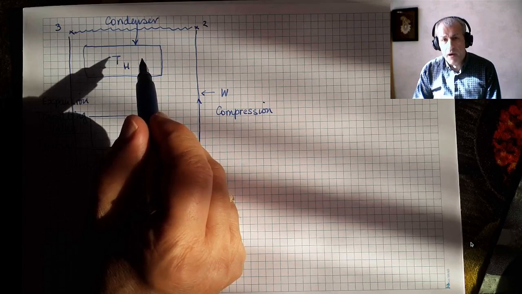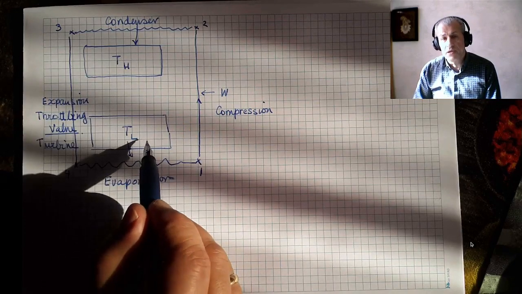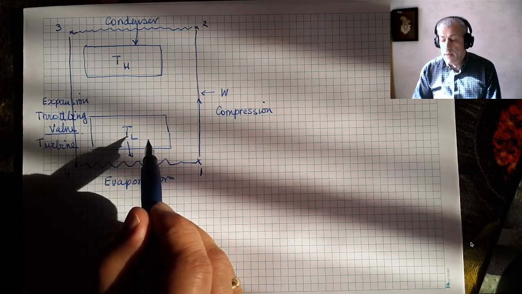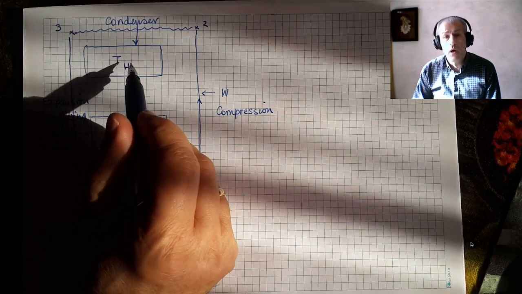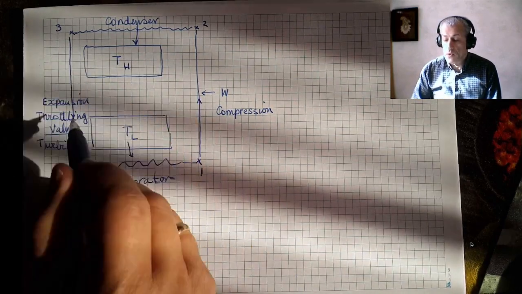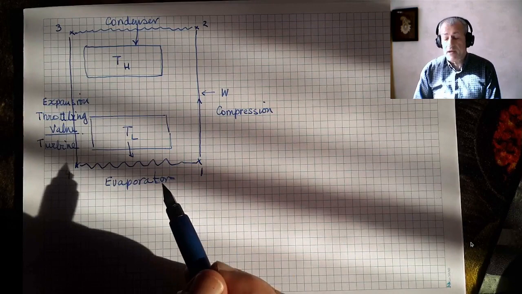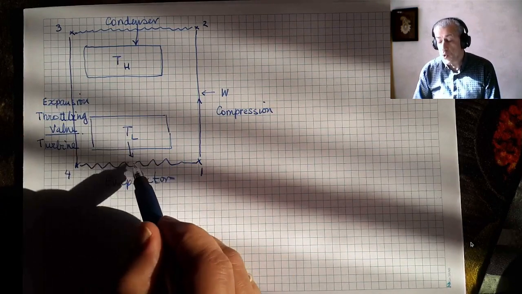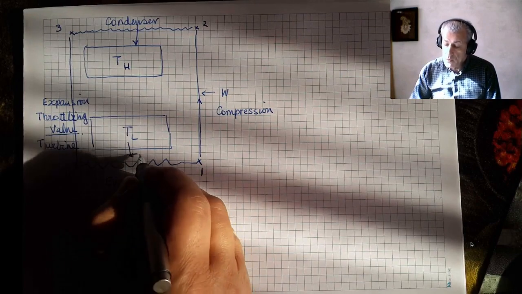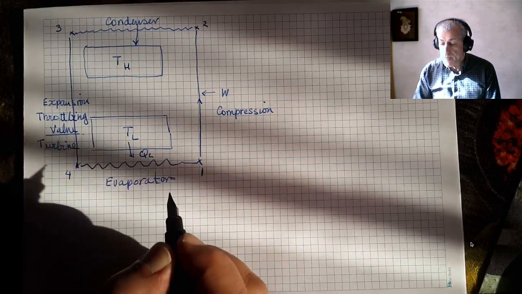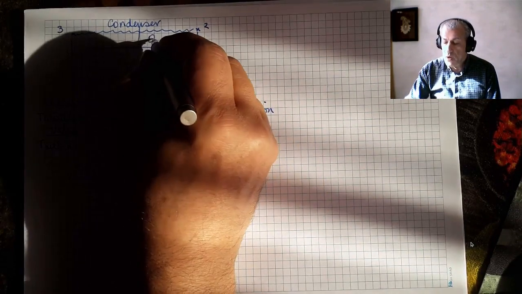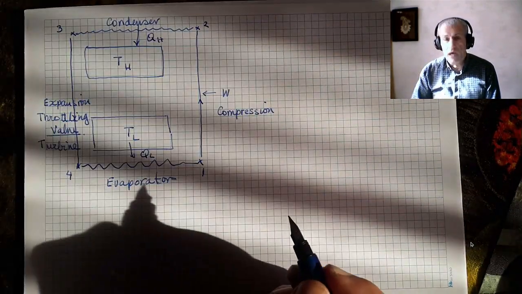If you have a heat pump, then the low temperature reservoir could be the cold temperature outside, and the high temperature reservoir could be the room temperature. And this cycle would transfer heat. Basically, it would absorb heat from the cold temperature reservoir, we would call it QL, and would deliver heat to the high temperature reservoir, call it QH.